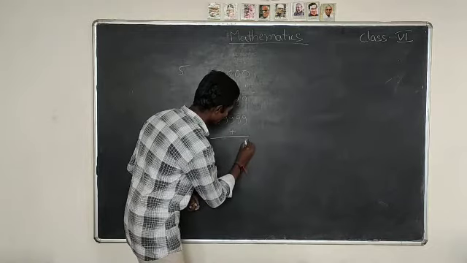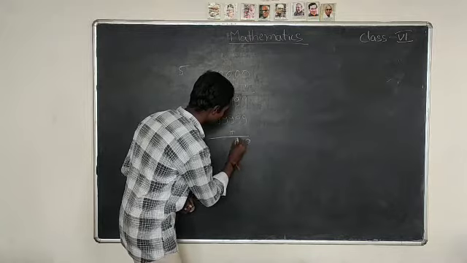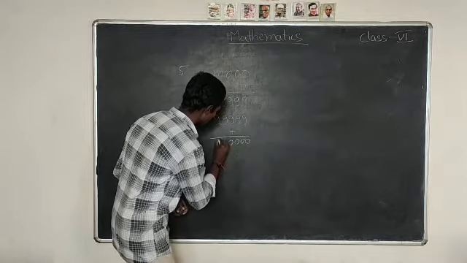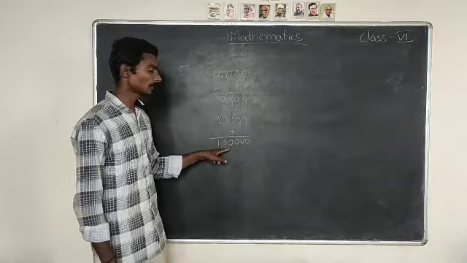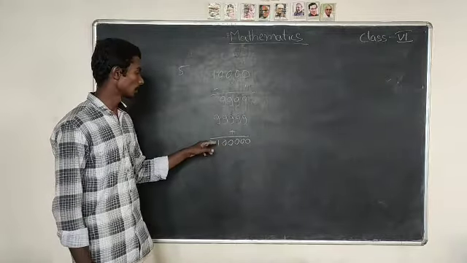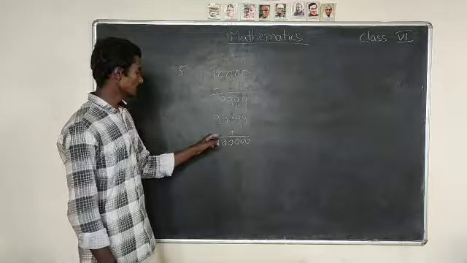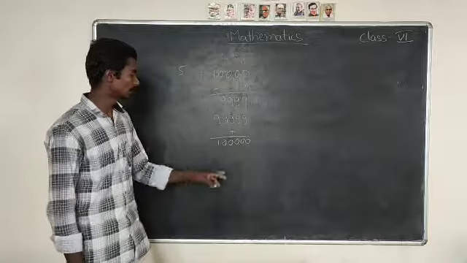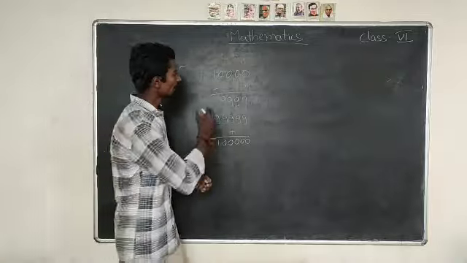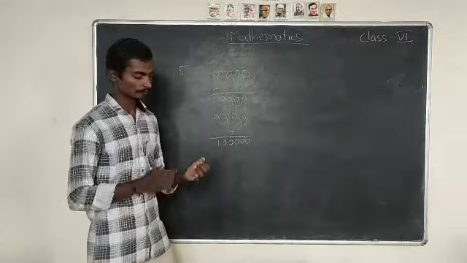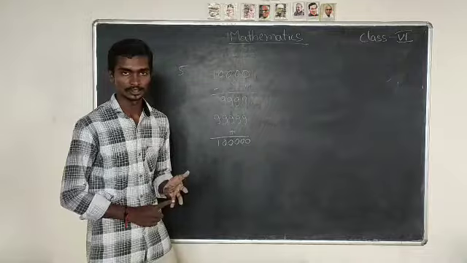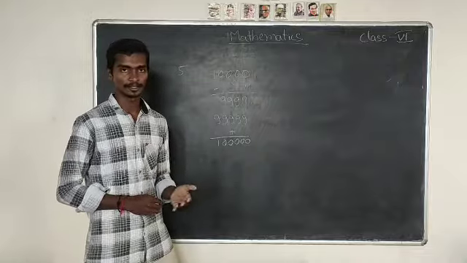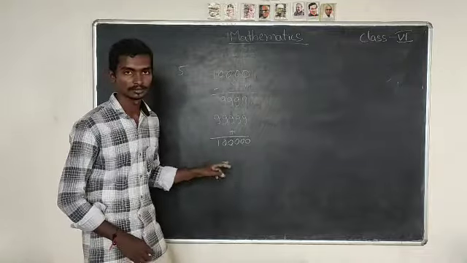This is 0, 0, 0, 1. I will get a 6-digit number. And what is this number called? This is 1 lakh. Okay? So this has got a new place value, that is 1 lakh. So for a 5-digit number, we have unit, tens, hundred, thousand, 10,000, and the 6-digit will have a place value of 1 lakh. Right?